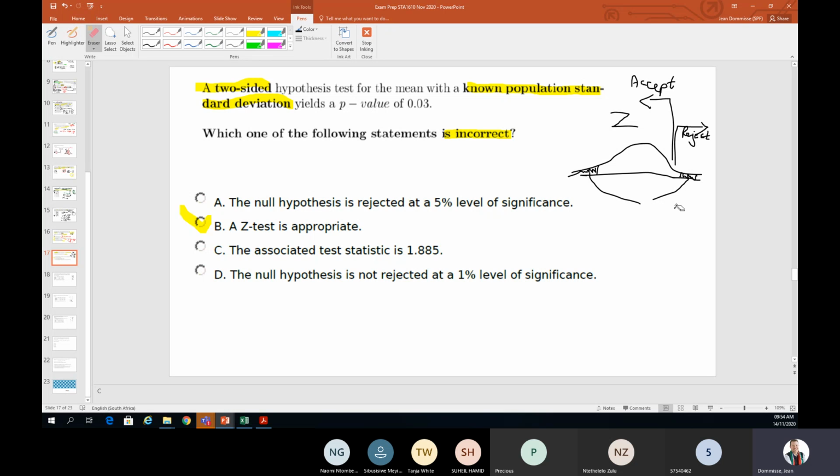So if they tell me the p-value is 0,03, how big is that area and how big is that area? What would you have said?